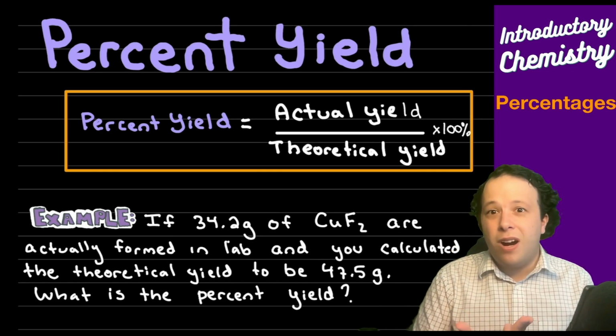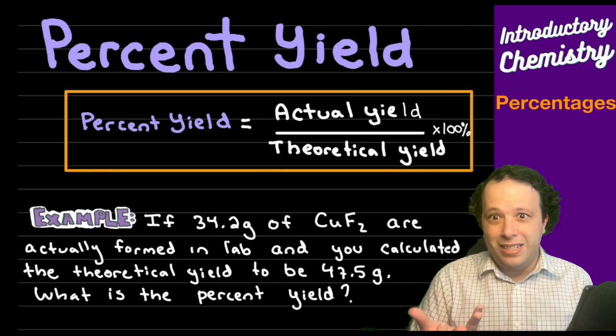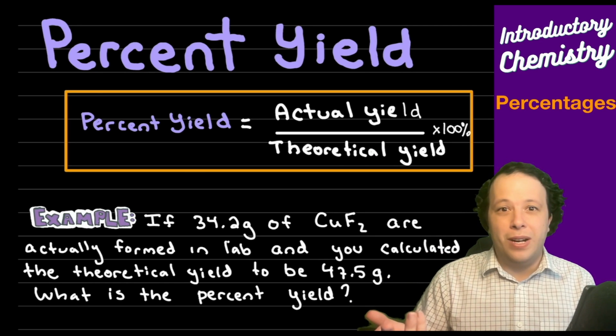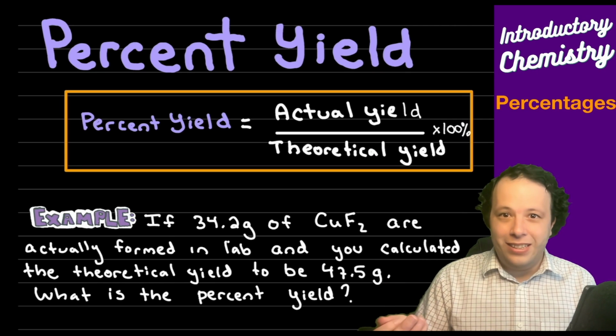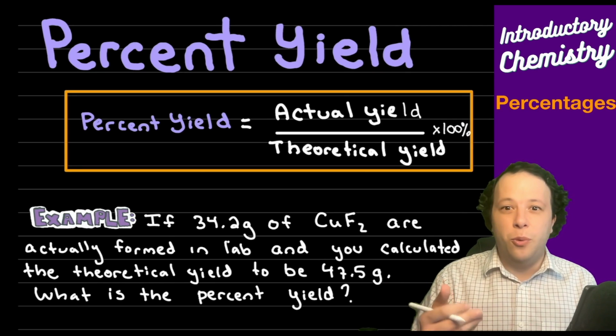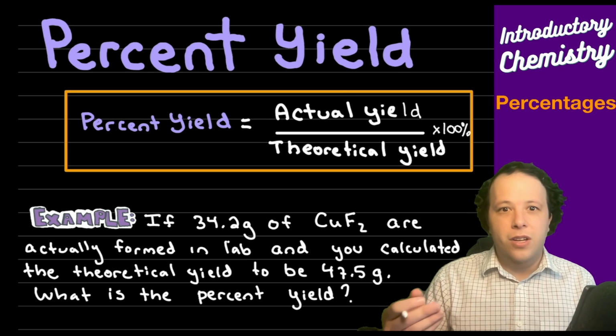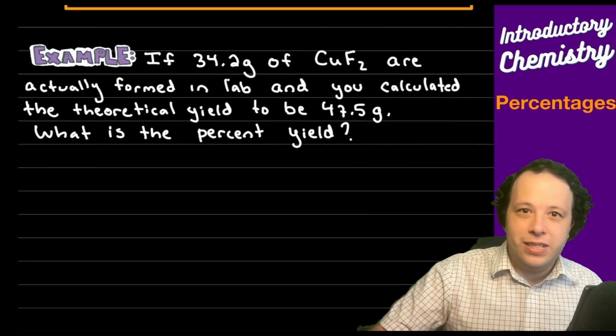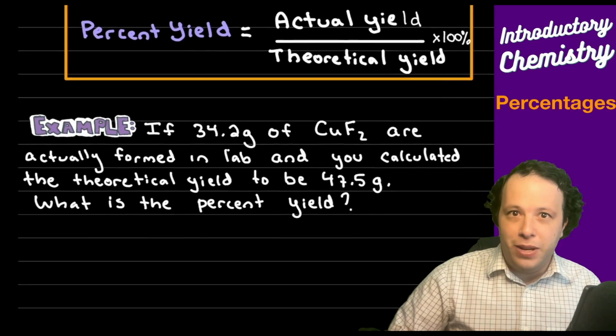So let's try this with a certain problem. We'll make it simpler, take out the stoichiometry. If you have 34.2 grams of copper fluoride actually formed in lab, and you calculate the theoretical yield to be 47.5 grams, what is the percent yield? So we lay it out just like the problem we had above.